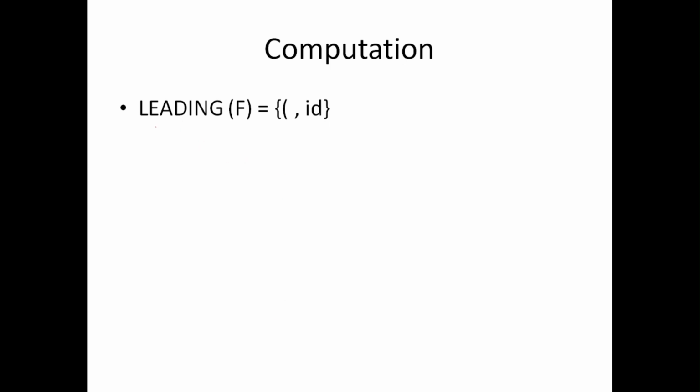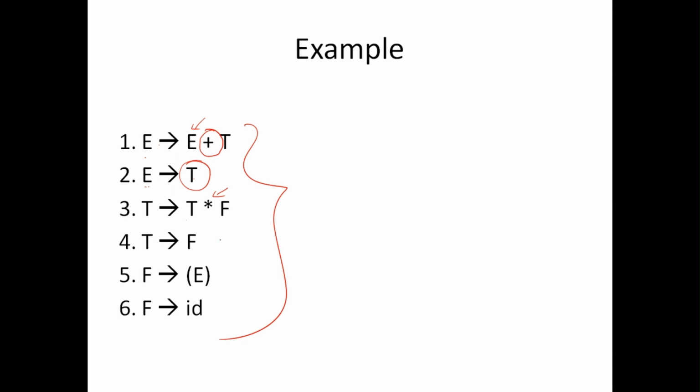Just like this, leading of F is opening parenthesis and ID. Leading of T is asterisk, opening parenthesis and ID. Why? Just see. F is rewritten as opening parenthesis E closing parenthesis, so the opening parenthesis is going to be in the leading of F. Only ID, definitely this is going to be the first terminal in the derivation, so ID is put.